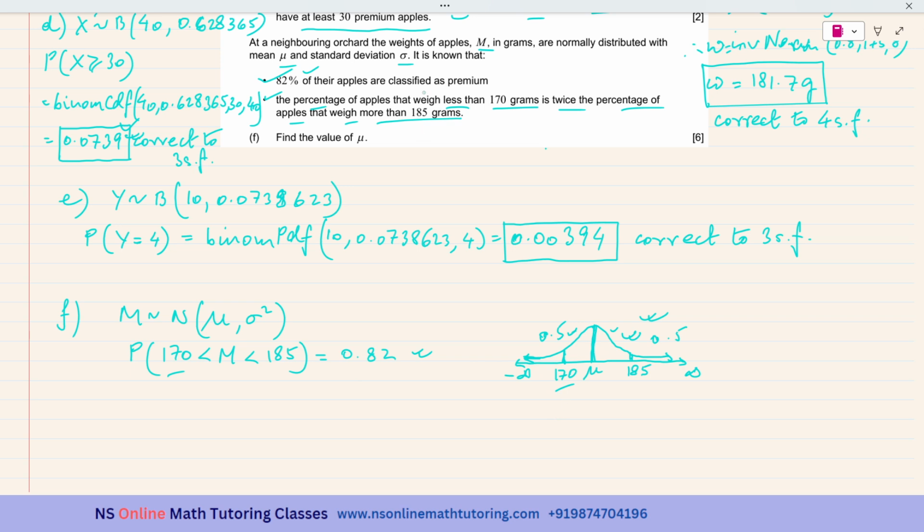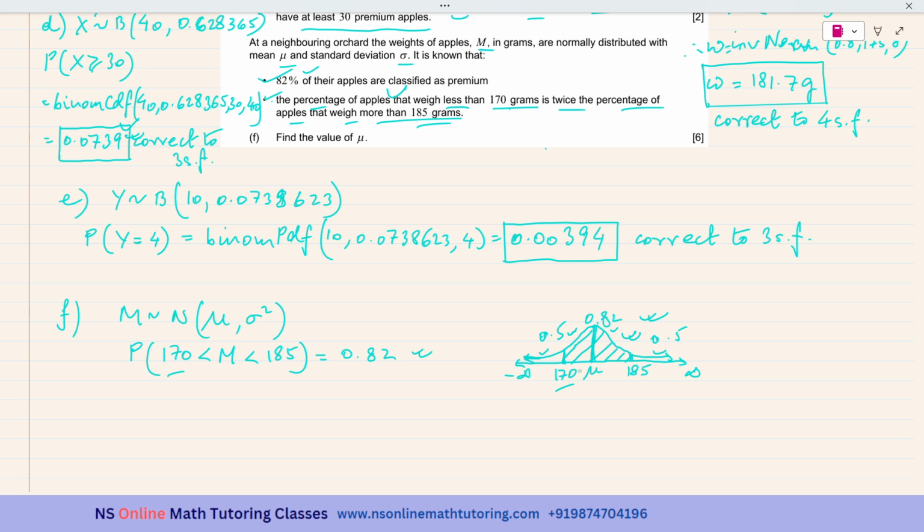Also, from this second information, it is very clear that there is a portion which contains just the apples that weigh less than 170 grams, and there is another portion which contains apples which weigh more than 185 grams. So both parts should be present. That is why I have drawn the graph this way. So this central portion is 0.82.